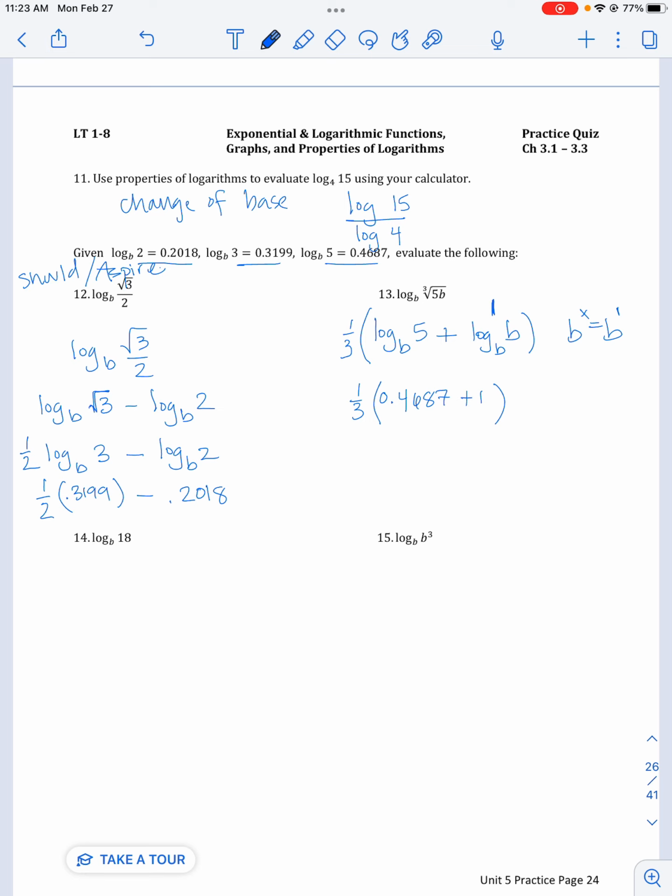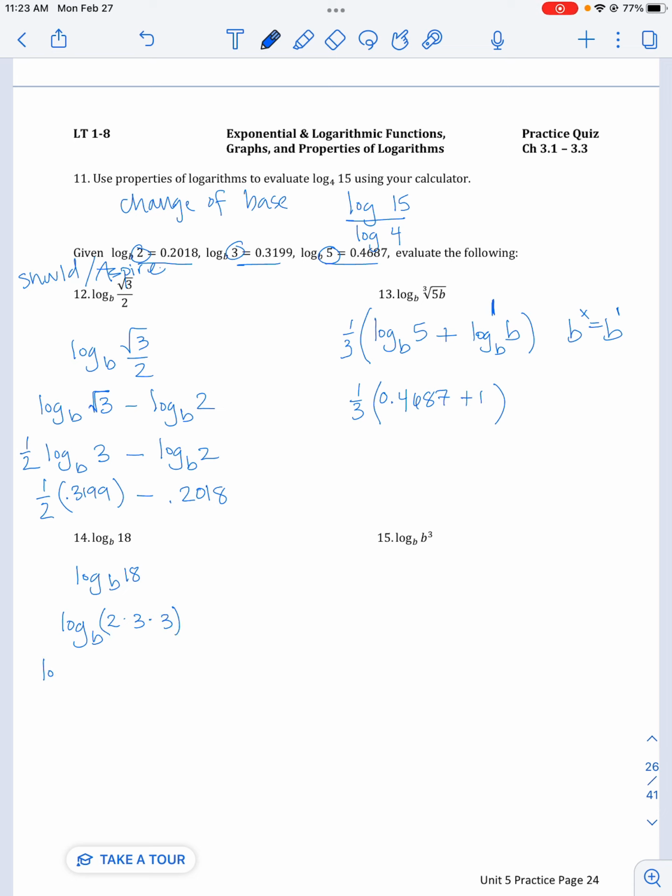All right, in this next problem, I'm going to look at log base b of 18 as a product of 2, 3, and 5, because those are the numbers that I'm given. So factor 18 into 2 times 3 times 3, and that would give me 18.